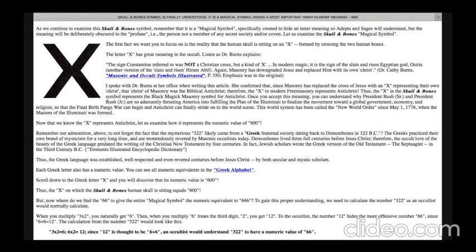To gain this proper understanding, we need to calculate the number 322 as an occultist would normally calculate. When you multiply 3 times 2, you naturally get 6. Then when you multiply 6 times the third digit 2, you get 12.